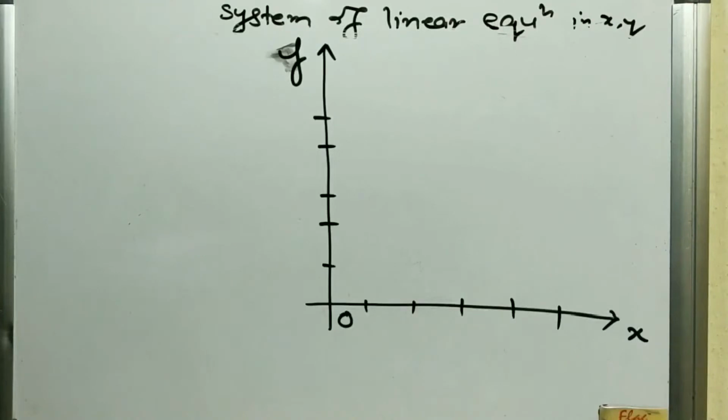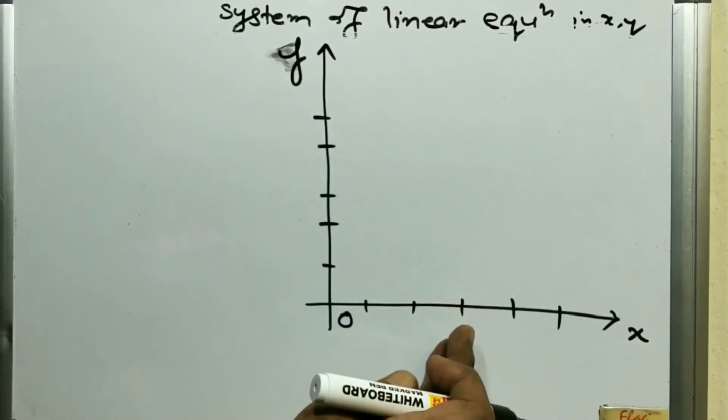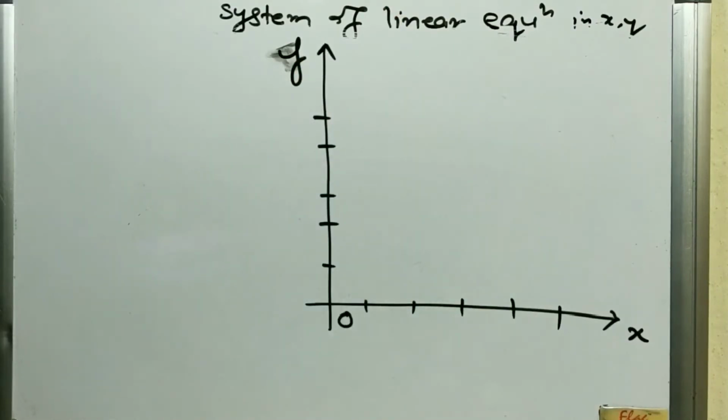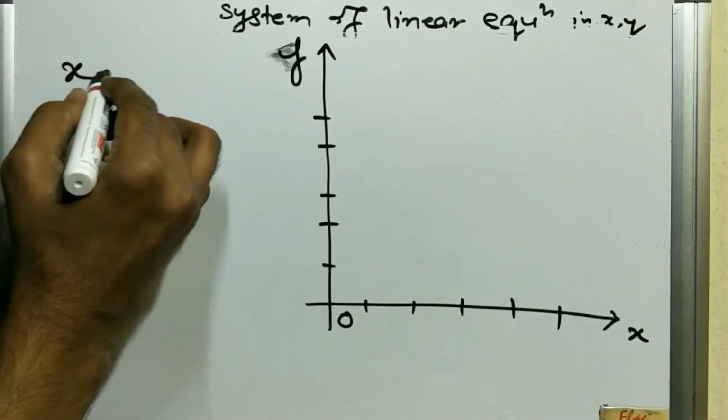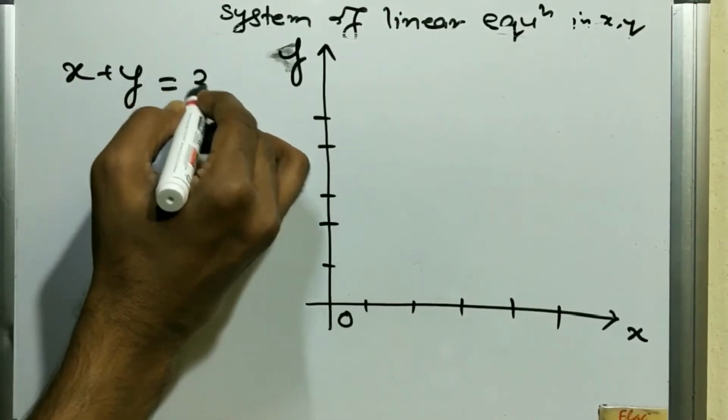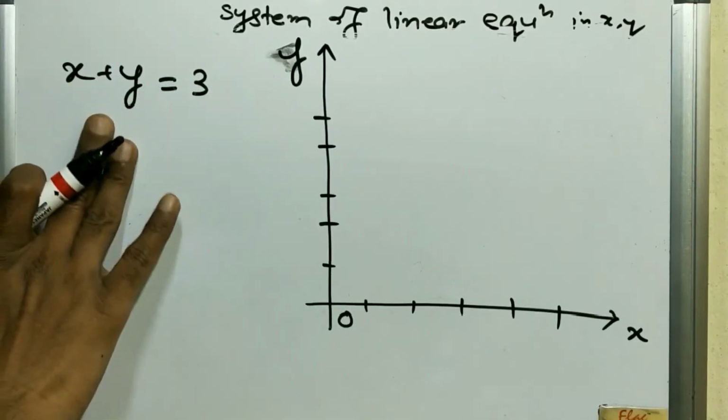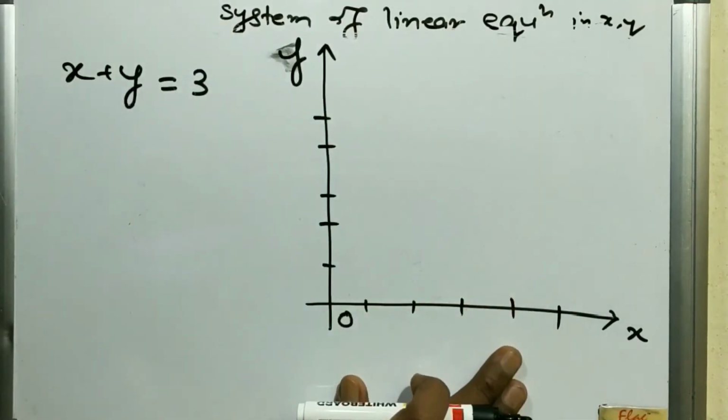Friends, for solving any system of linear equations graphically, we first have to understand how we can plot a straight line on the xy plane, or coordinate plane. Let us suppose a straight line is given to us, x plus y is equal to 3. We have to plot this straight line on the xy plane.